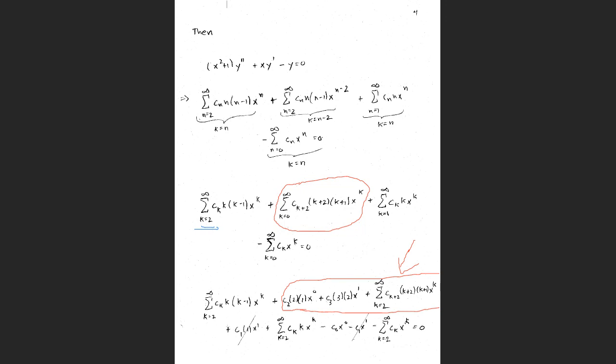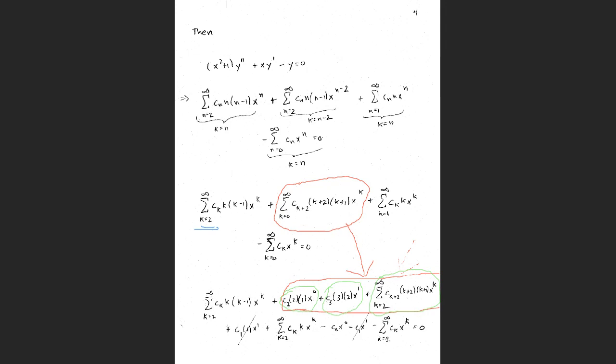What I mean is I write out the first two terms of that power series, the second power series there, and then I have plus the rest of the power series starting at k equals 2.